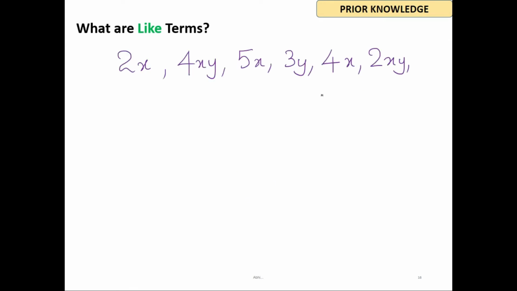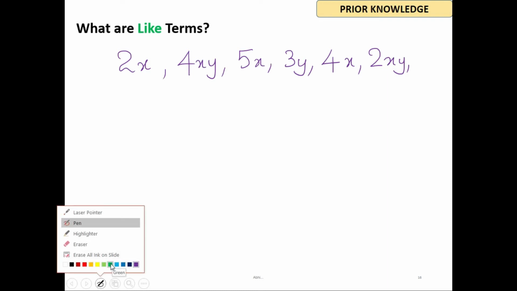What are like terms? Let me write some terms here. Now, I have written 2x, 4xy, 5x, 3y, 4x and 2xy. From these terms, if you are asked to identify the like terms, it's very easy. The terms which have the same variable.